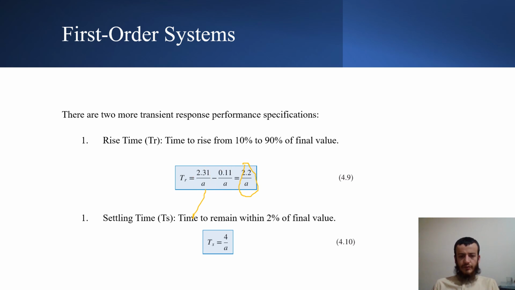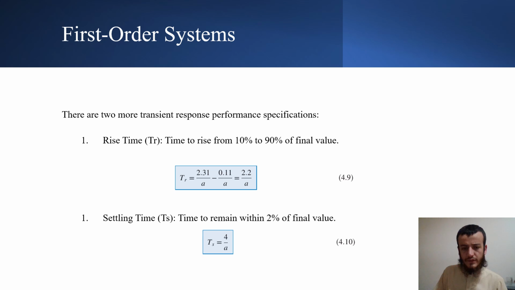The second parameter is settling time. What is settling time? It is the time that the system remains within 2% of its final value. We can show it by Ts, that is, the time to reach within 2% of its value. How can we find it?